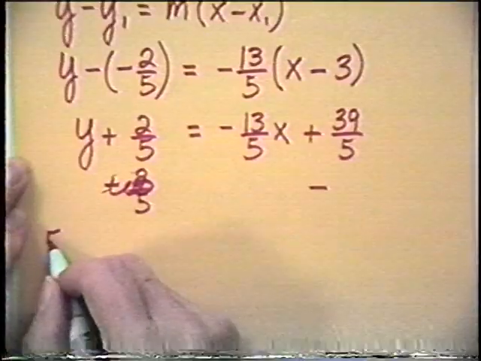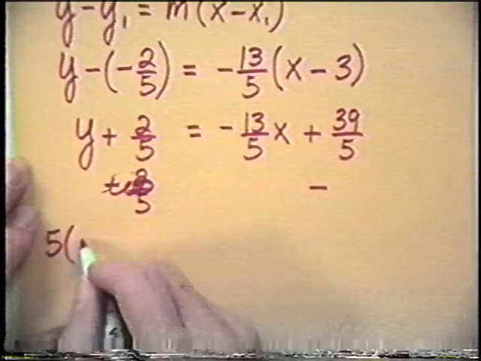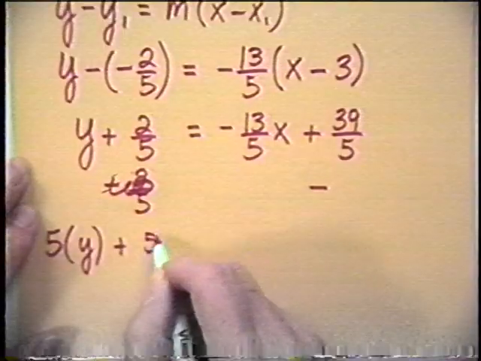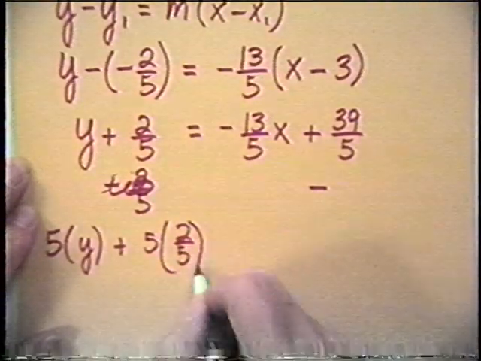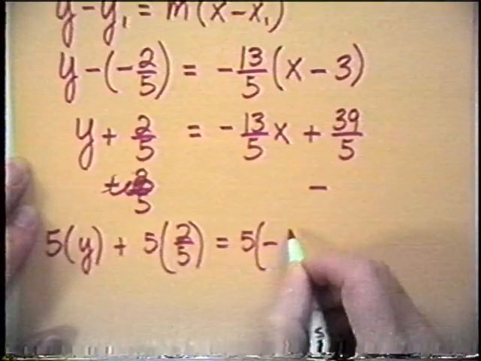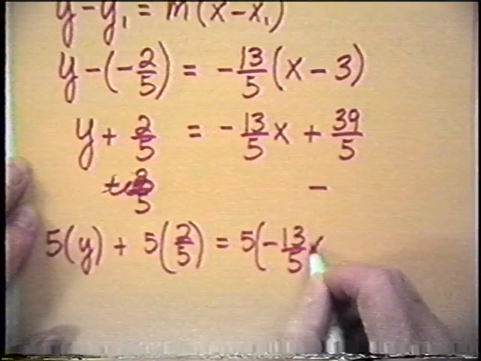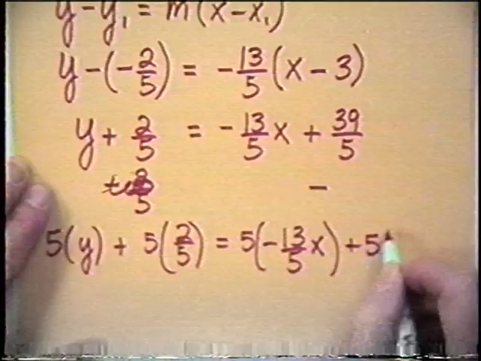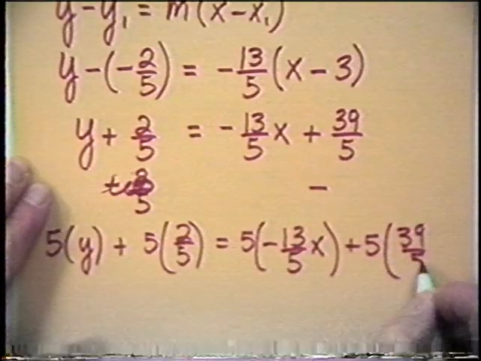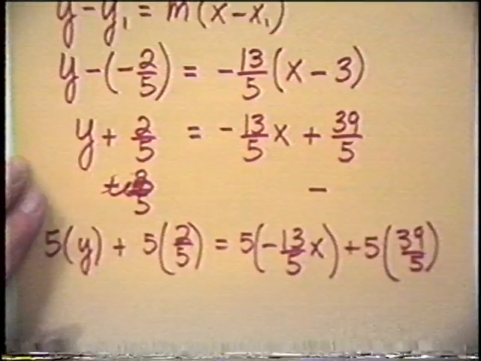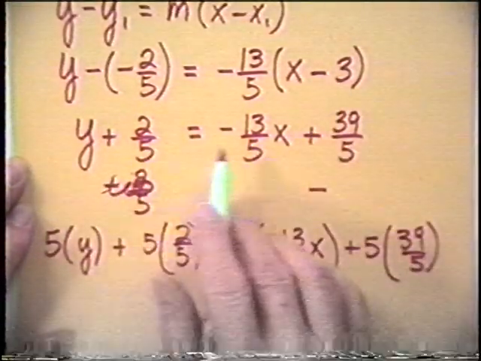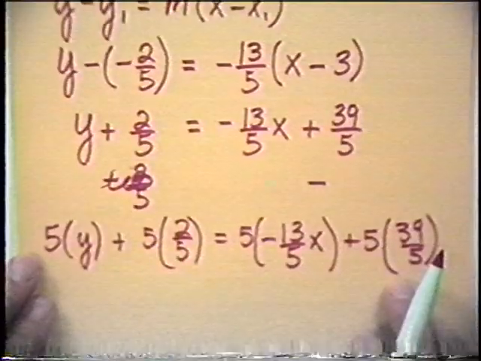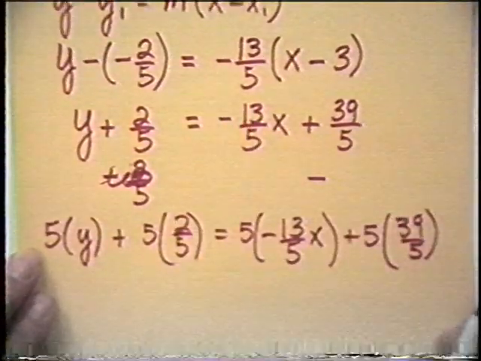5. Then we take 5, which is the common denominator, times y, plus 5 times 2/5 equals 5 times a negative 13/5 x plus 5 times 39/5. We could have gotten rid of the fractions before we multiplied this out too. That's up to you.